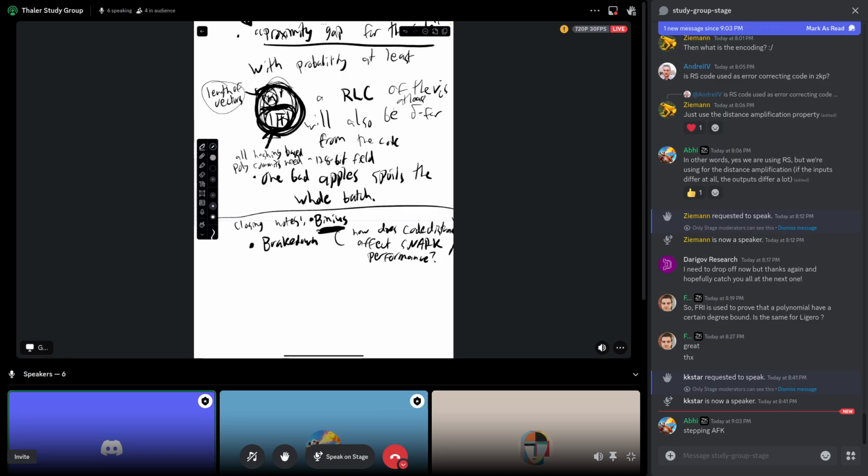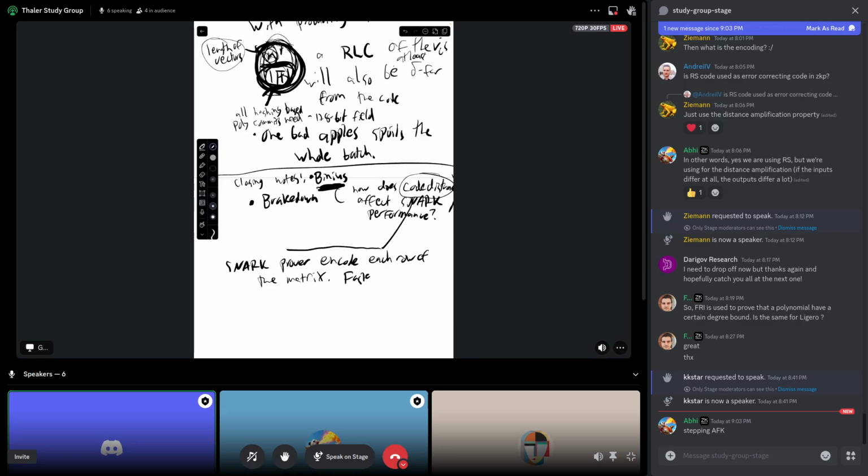Before going to Binius, let me come to Brakedown and code distance. Here's the situation. Properties of the code translate to SNARK performance. The SNARK prover has to encode each row of the matrix that it's committing to. So faster encoding means a faster SNARK prover.